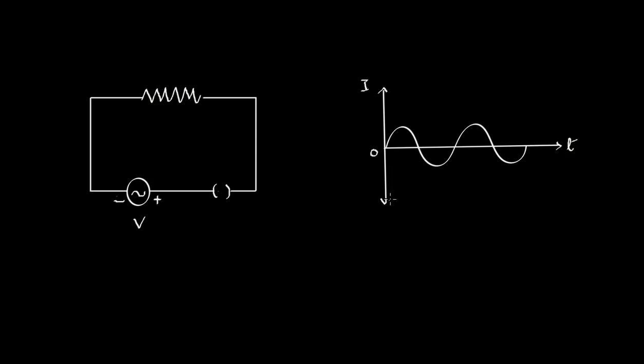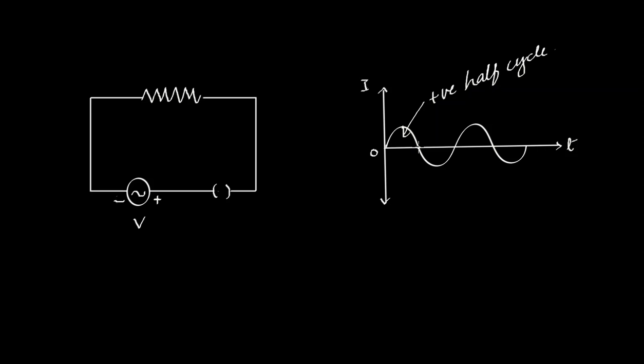All right, so you can see in this graph that the current from a zero value increases until it becomes maximum out here. Then from its maximum value, it decreases until it becomes zero out here. That is called the positive half cycle. Got it? Why is it positive? Because it is in the positive direction of the current, right?